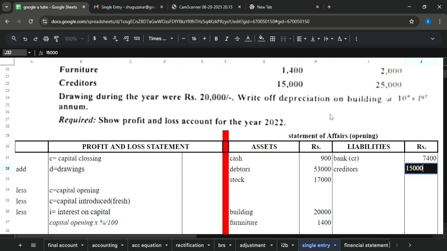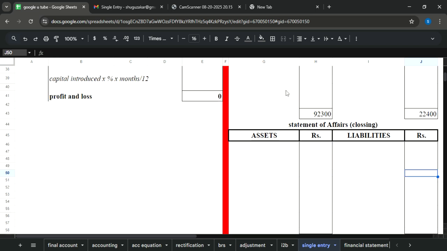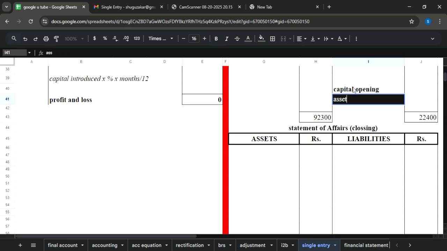So guys, all amounts related to opening are completed. We have taken the total of both sides as well. Here we will be calculating capital, and this capital would be considered opening. How would you calculate? Assets minus liabilities.